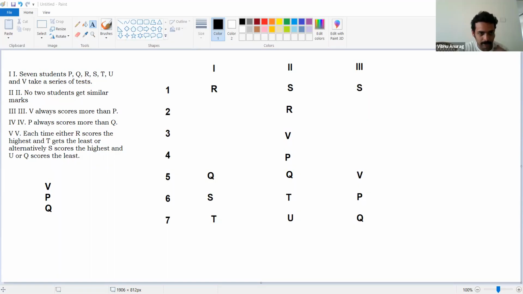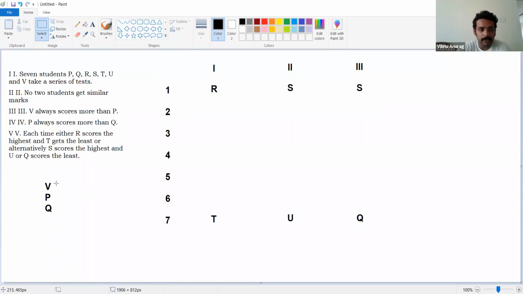And question number 22. If R gets the most, V should be ranked not lower than. So let's clear all this. Becoming very cluttered now. So R is ranked first. V should be ranked not lower than.